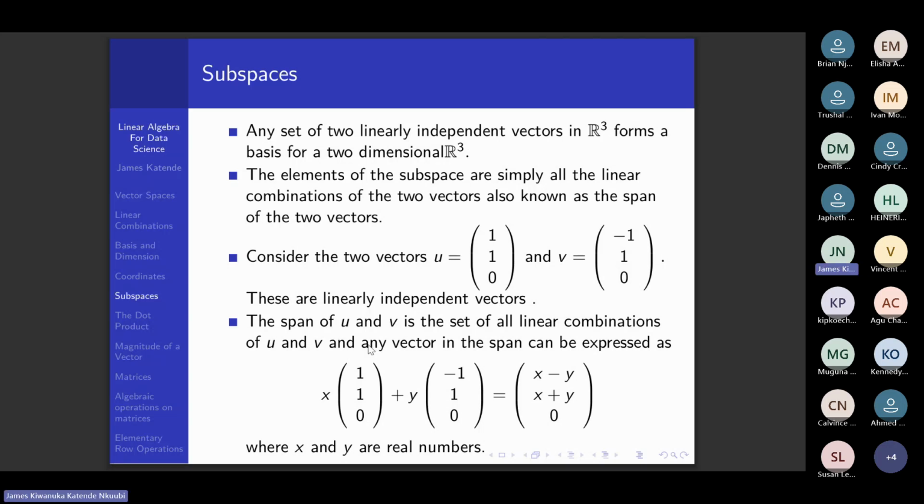Now we can construct a span of these two vectors as follows. Just pick two scalars, X and Y. Get this linear combination of the two vectors U and V, and you end up with a vector of this form. So any vector in the span of U and V can be written in this form, where X and Y are just a pair of parameters you use.